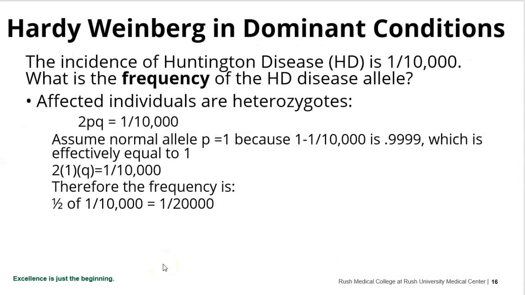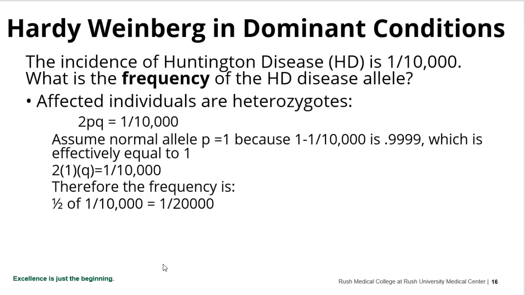What about dominant disorders? Huntington's chorea is a neurologic disorder that occurs in 1 in 10,000. And again, I could call it disease X is autosomal dominant, and the population is 1 in 10,000. So the name doesn't matter. What is the frequency of the Huntington's disease allele?